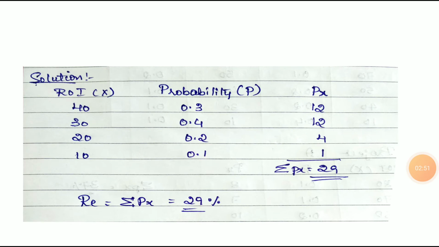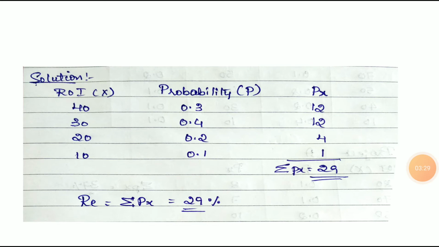Now we just multiply the given information, that is P into X. 0.3 into 40 is 12, 0.4 into 30 is 12, 0.2 into 20 is 4, 0.1 into 10 is 1. Later we take the total of this column of Px, that is summation Px. The total is 29. So expected rate of return RE is equal to summation Px, that means 29%.